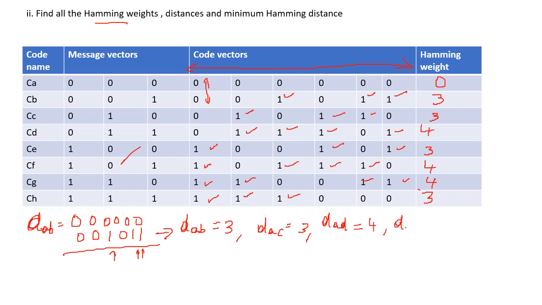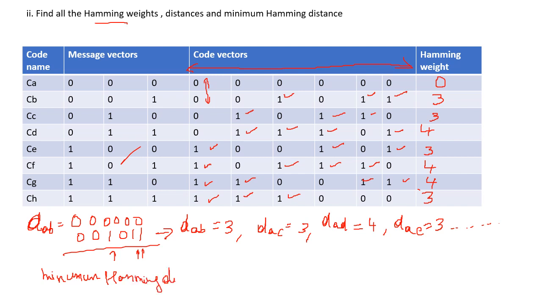Then similarly DAE, the Hamming distance between A and code vector E, is 3, and so on. So we can find many possible combinations of these Hamming distances. Next is the minimum Hamming distance.